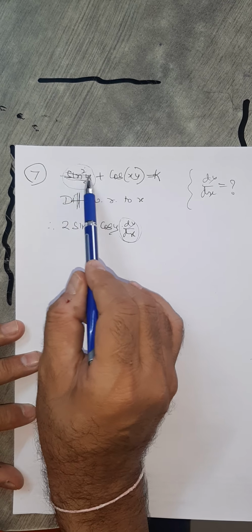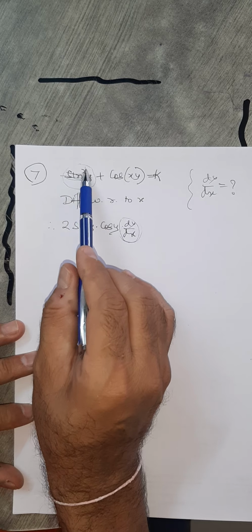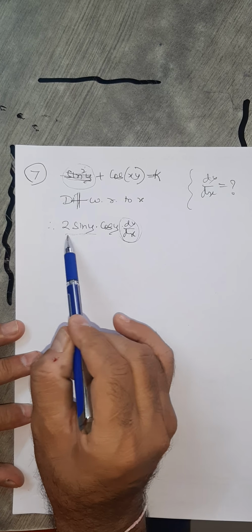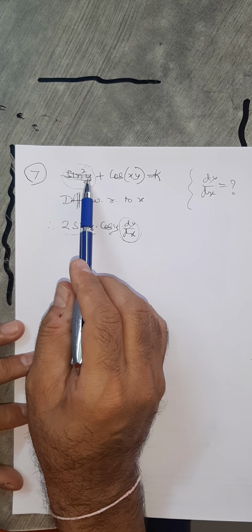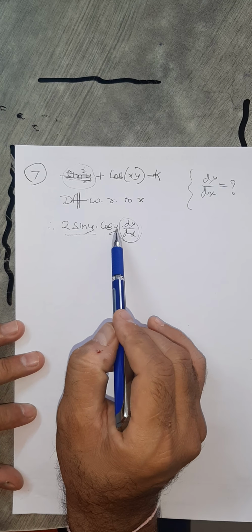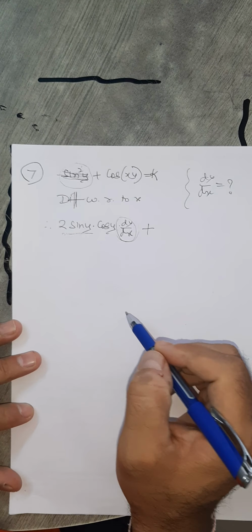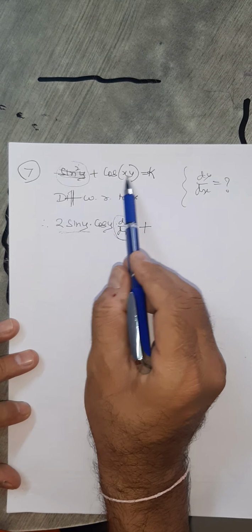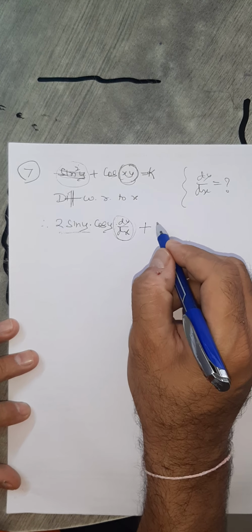I repeat this. Imagine this sine y as x. So this is x square. What's the derivative of x square? 2x. Now it's done for sine y. What's the derivative of sine y? Cos y, and the derivative of y with respect to x, dy by dx. Plus, now we are here. So we imagine again this bracket as x. So what's the derivative of cos y?